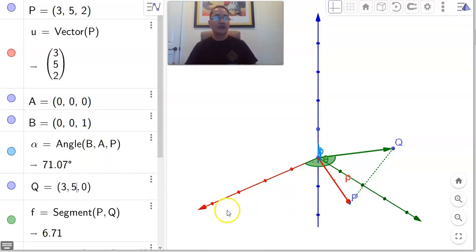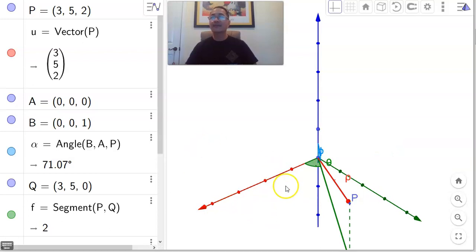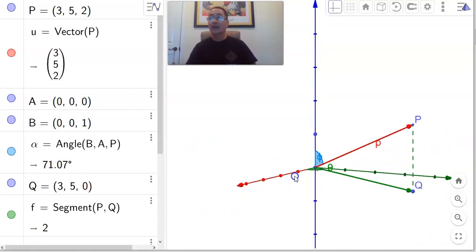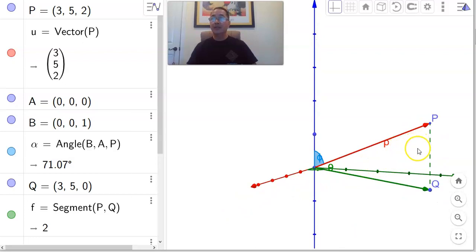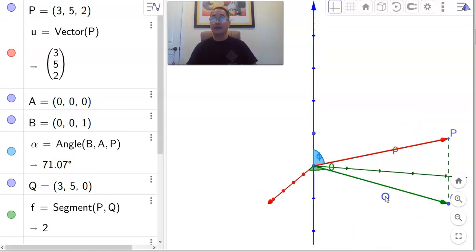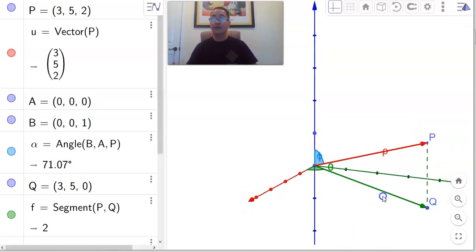So that's the projection on the xy plane. And let's see, did it work? Oh yeah, there you go. So P is a lot further now from the origin. And phi is that angle, Q is the projection, so theta is over here.